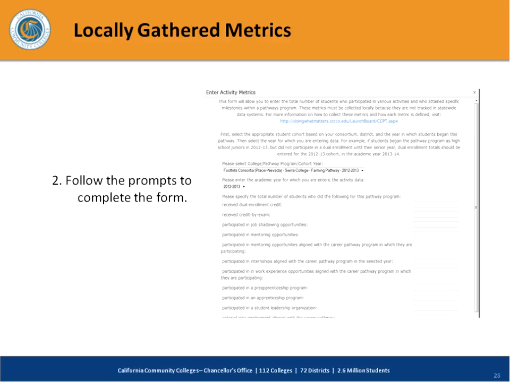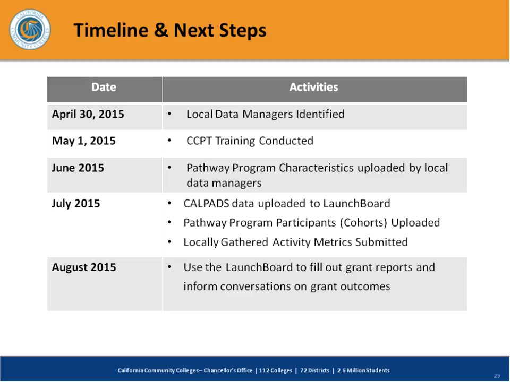Assuming that we're entering data from Sierra College for a farming pathway in the year 2012-2013. You then see a list of all of the different metrics that have to be gathered locally, like here we've got the dual enrollment and credit by exam, and you're just going to put in a number, like a total of 32 students received credit by exam. And that's the way you're going to get this kind of information into the LaunchBoard.